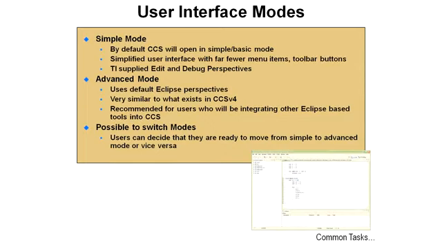It's a simplified user interface with far fewer menu items and toolbar buttons available to you. It comes automatically with a TI-supplied edit and debug perspective that we'll be taking a look at in a minute. You can switch to advanced mode if you like. That uses the default Eclipse perspectives, very similar to what existed before in Code Composer Studio version 4.x. That's recommended for users who will be integrating other Eclipse-based tools into Code Composer.